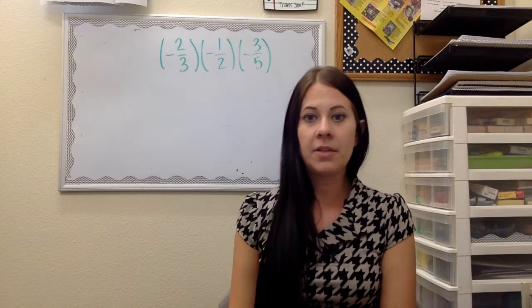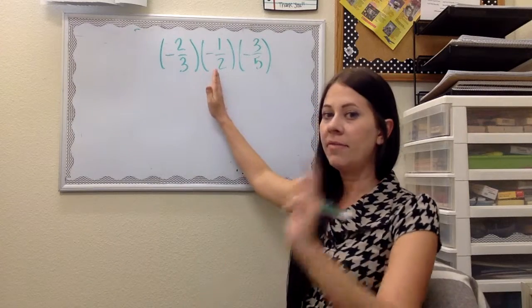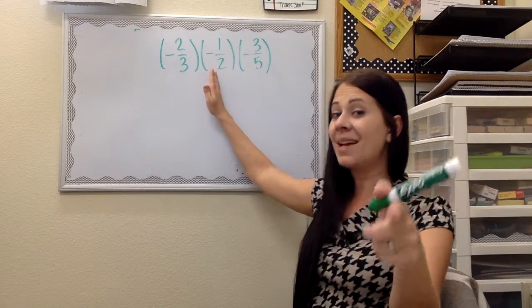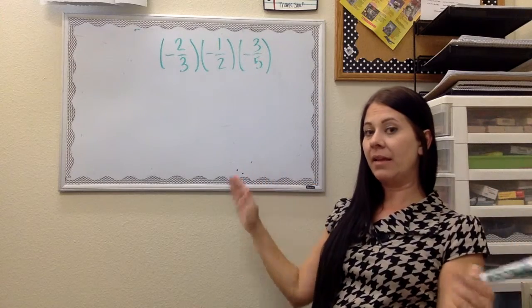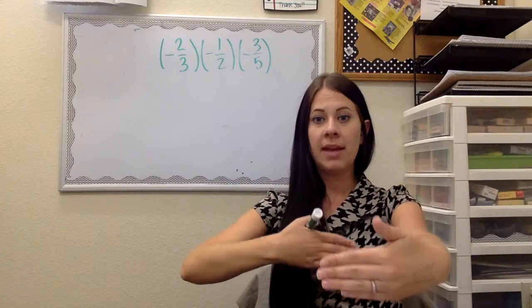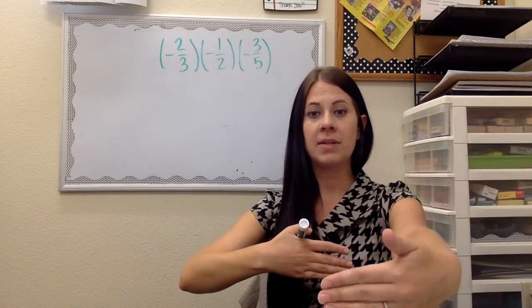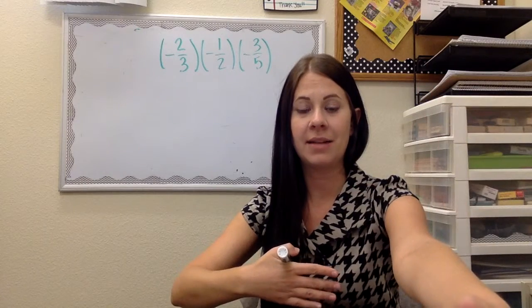And then the other thing that you need to know is a negative times a negative is a positive, but then times another negative is back to negative. So it's that every other pattern. If you have 3 negatives, it's negative. A 4th one, it's positive. A 5th one, it's negative. A 6th one, it's positive.